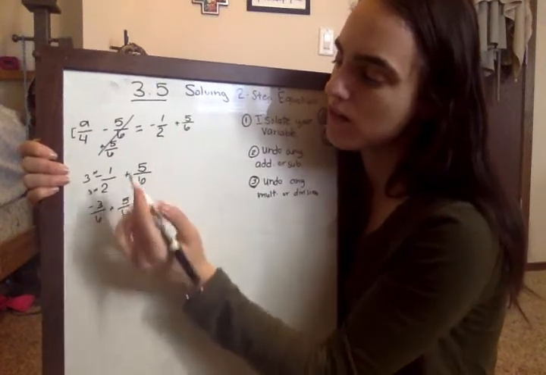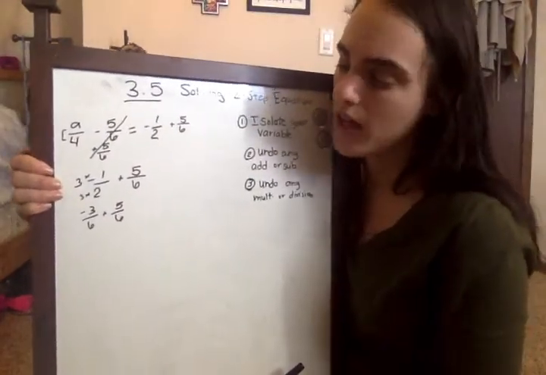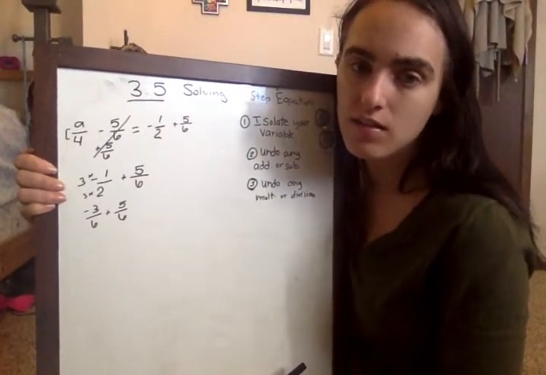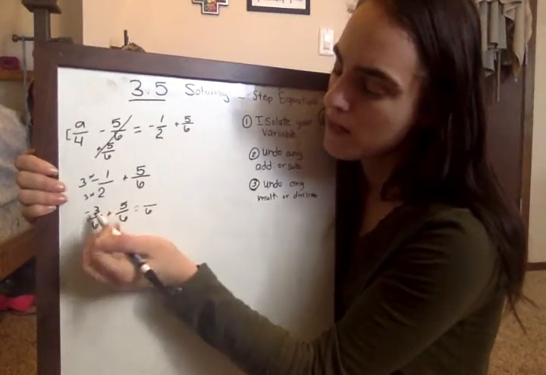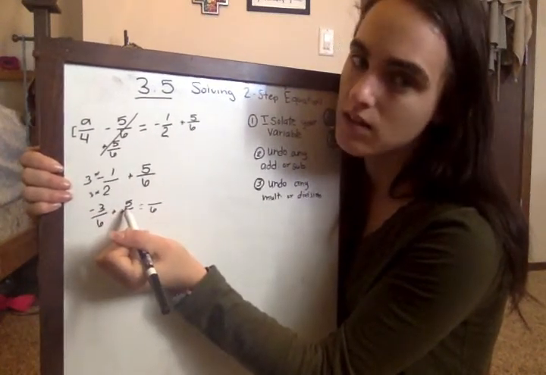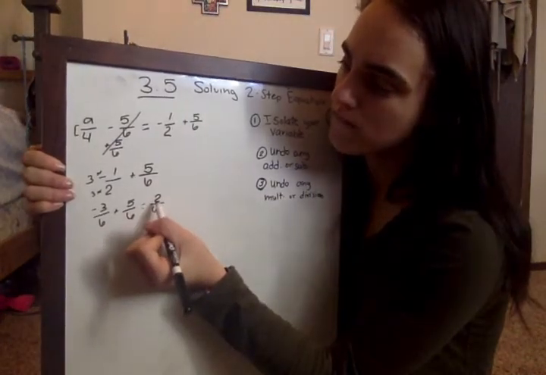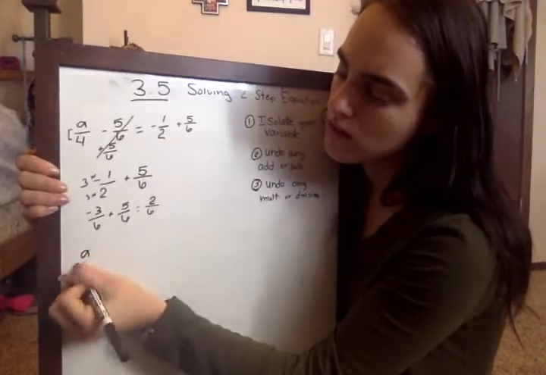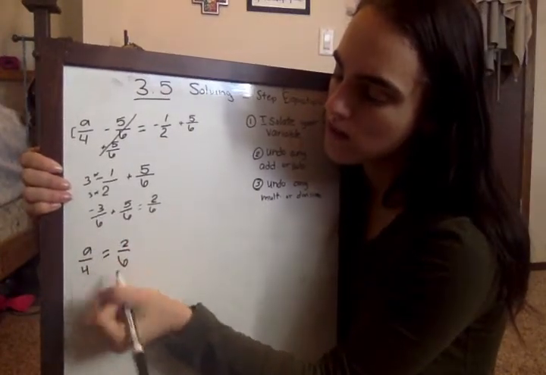Our common denominator is 6, which we already had on the second fraction. And now, how do we add fractions? We simply add negative 3 plus 5. Negative 3 plus 5 is 2. So we have a over 4 equals 2 over 6.